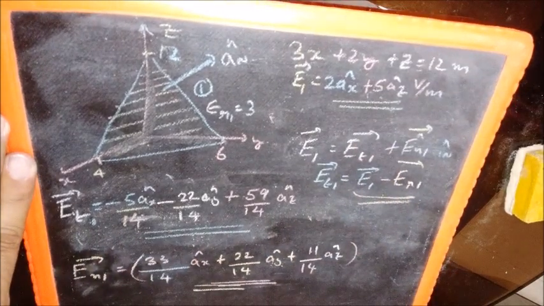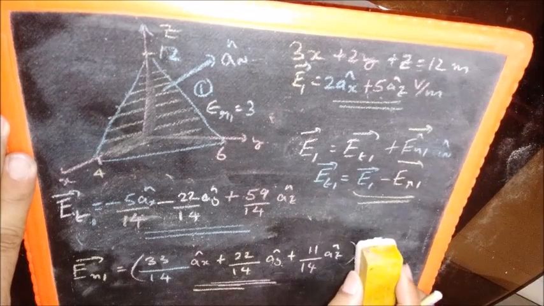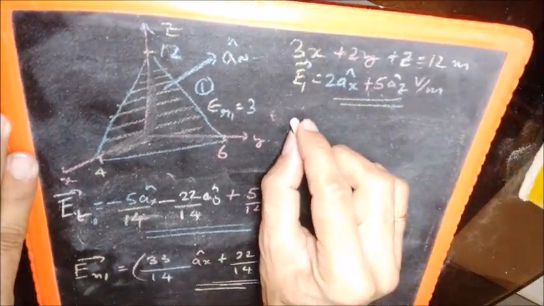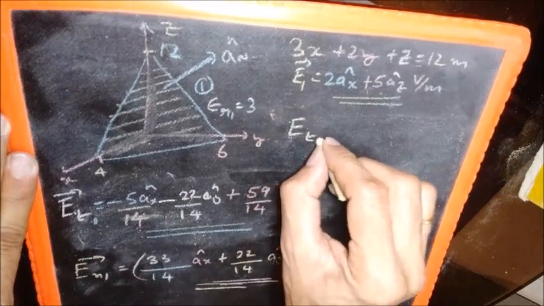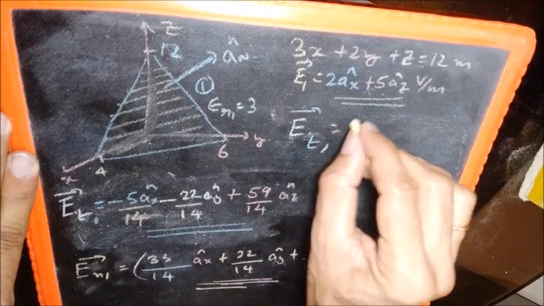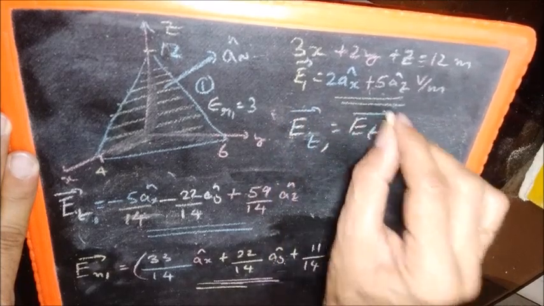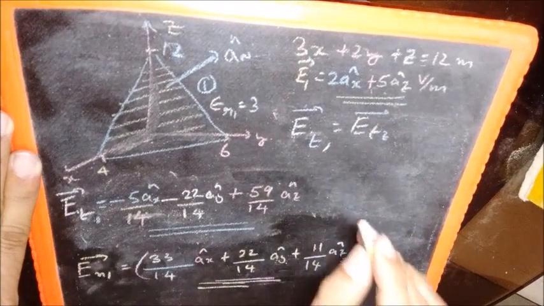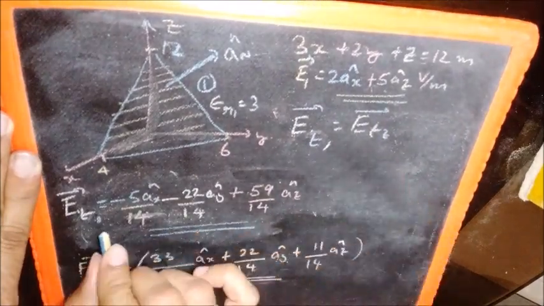So that means by applying the boundary conditions, Et1 is equal to Et2, and the question is to find out E2. So Et2 we have straight away, it is the same as this.